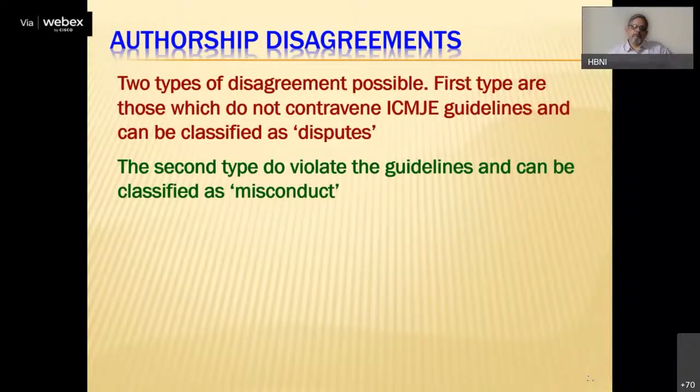But there's another type which actually violates these ICMJE guidelines, those four conditions I talked about, as well as the other guidelines issued from time to time by various bodies. If they violate the guidelines, then this kind of authorship disagreement will result in scientific misconduct.